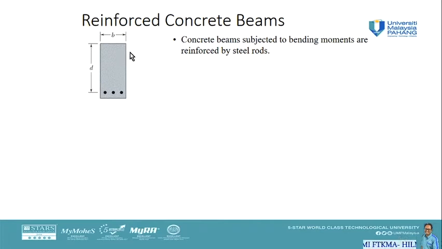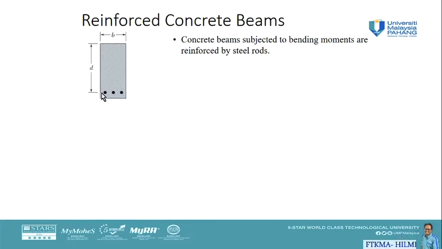Usually in the application of the beam, we are going to have a positive bending moment, where the upper part is going to resist a compressive load, while the lower part is going to resist the tensile.